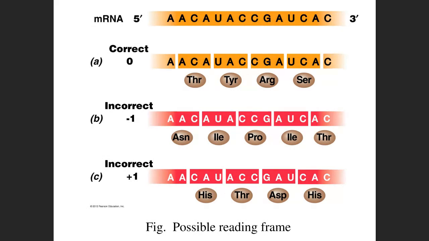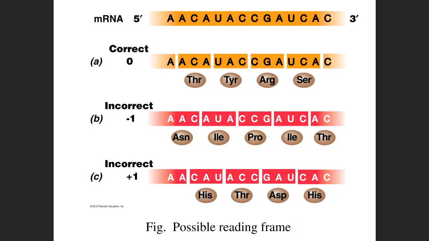So if this is the mRNA, and this is the correct sequence, it's reading 3 bases at a time, right? That's how it reads. But if you're reading incorrectly from the A, that's a -1 frame, because you go backwards, and you have a different set of amino acids.